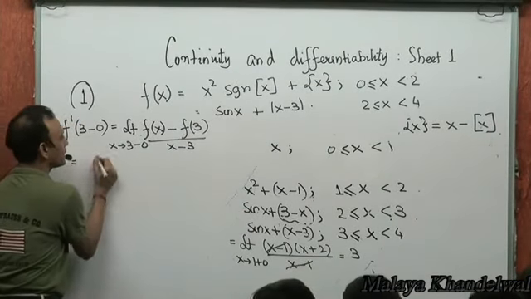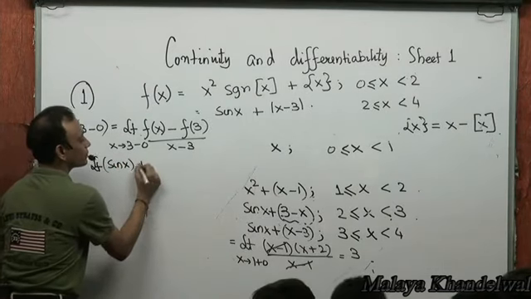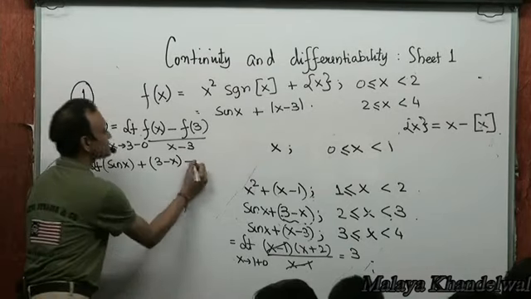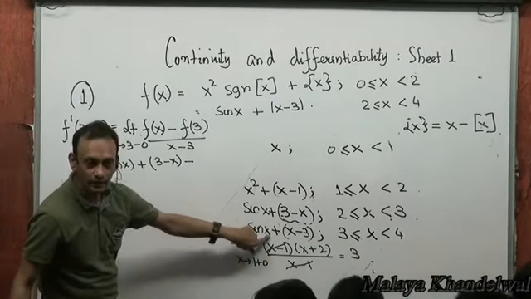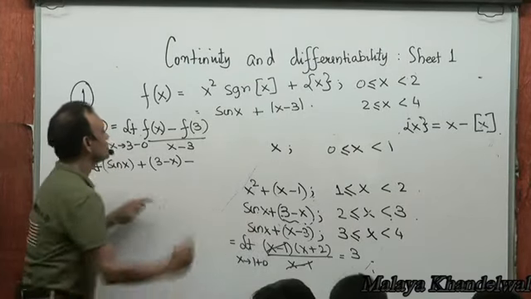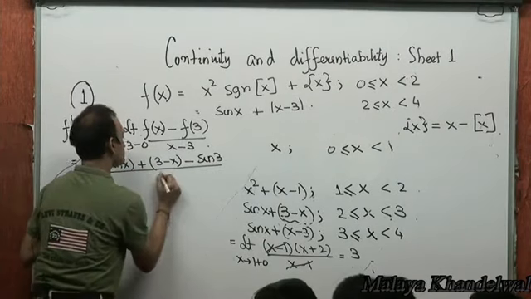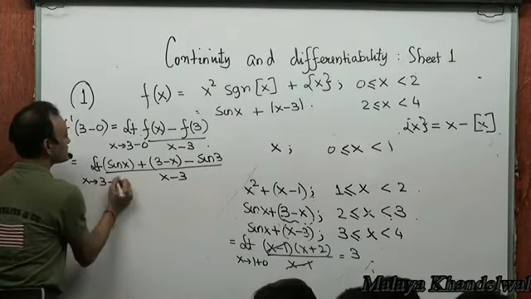So this is like limit sin x plus 3 minus x minus, at x equal to 3, f(3) is going to be sine 3. So minus sine 3 divided by x minus 3 as x tends to 3 from the less than 3 side. What do you say?